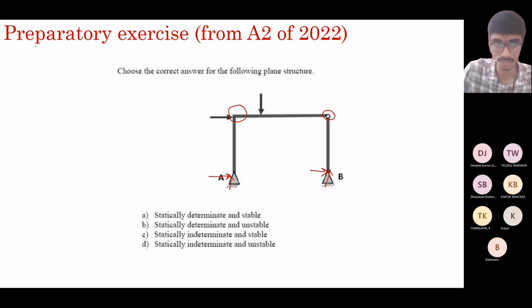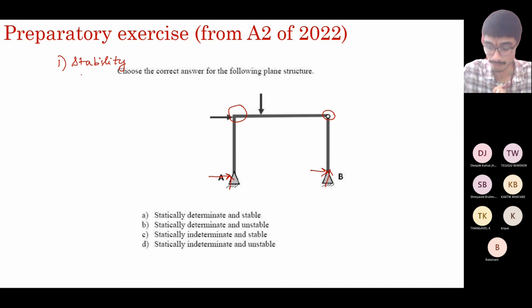Okay, let's go systematically. For stability, the first question is: is it stable? To determine that, perturb the structure. If you apply a small load, what does the deformed shape look like?